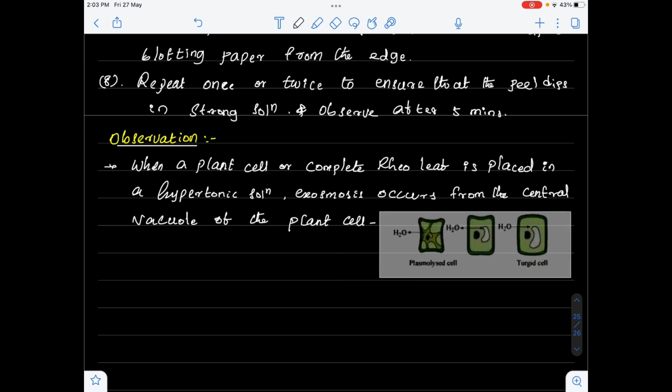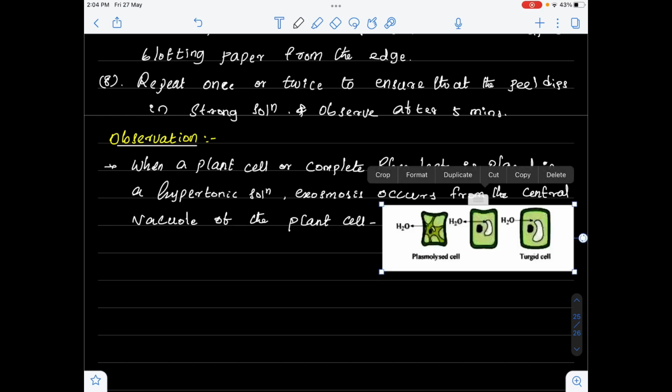Now let me show you here the rheo peel which we have taken on the glass slide. When normal water is added, the cells of the rheo leaf become turgid, and when hypertonic solution is added to the peel, what is happening?